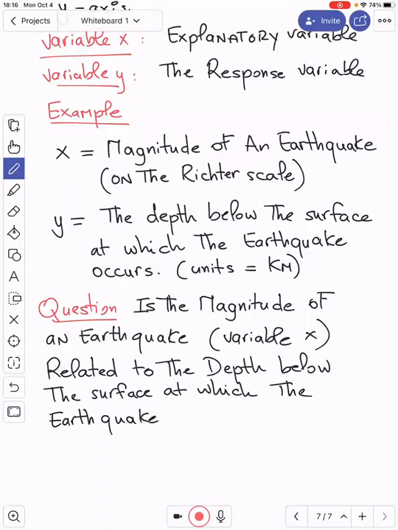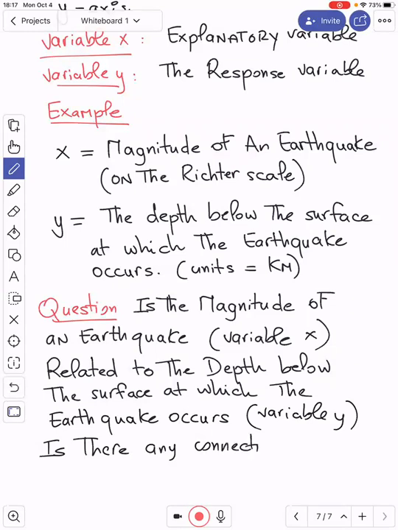So the main question here, guys, is whether there is a relationship or a connection between these two variables, x and y. Again, x is the magnitude of the earthquake, and the variable y is its depth, okay?